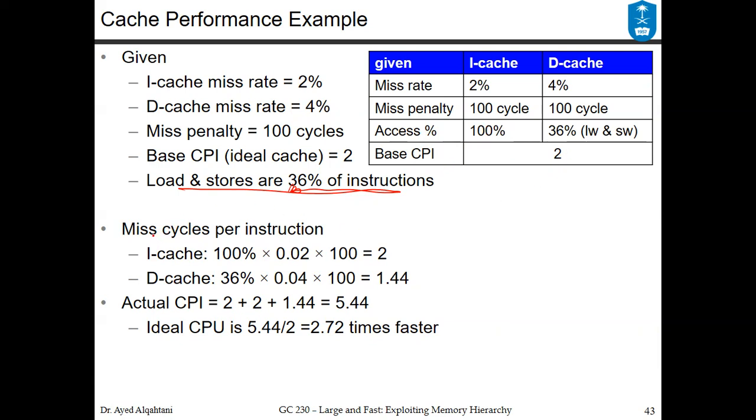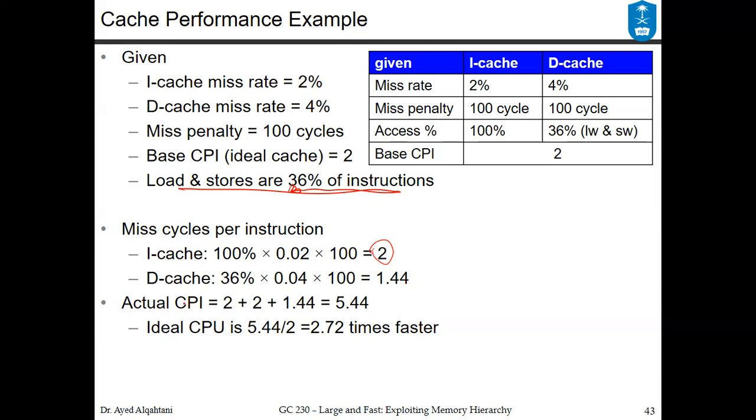Now you need to know how many miss cycles per instruction. For the I cache, it is 100% times the miss rate times the miss penalty. So 2% times 100, which is equal to 2. For the D cache, you have 36% times 4%, which is 0.04, times 100 cycles, which is 1.44.